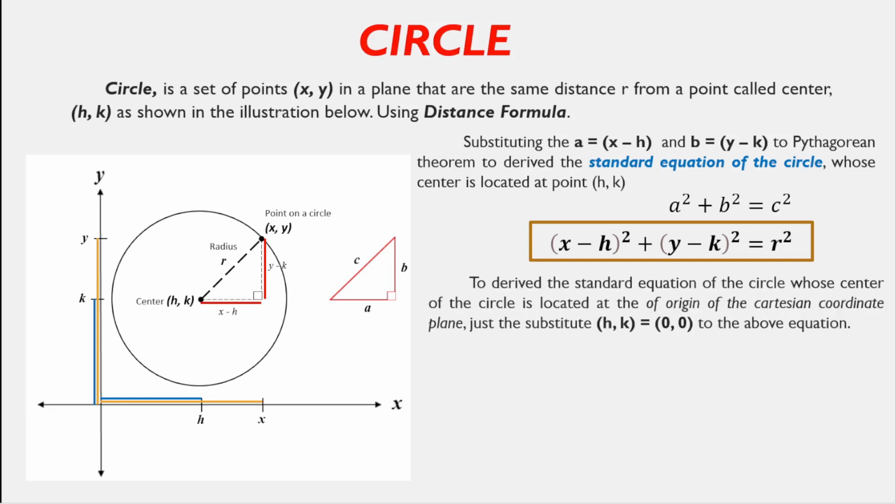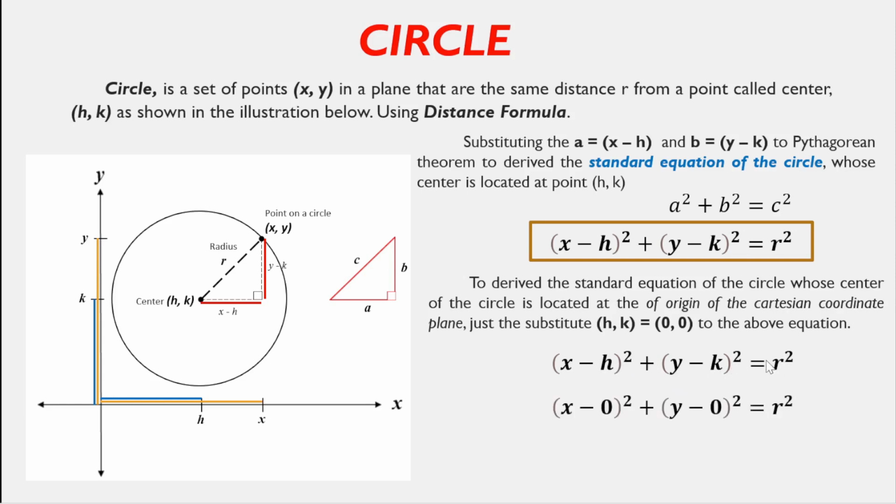To derive the standard equation of the circle whose center is located at the point of origin of the Cartesian coordinate plane, just substitute the coordinate h, k by 0 and 0 in the above equation. So we have x minus h squared plus y minus k squared is equal to r squared.